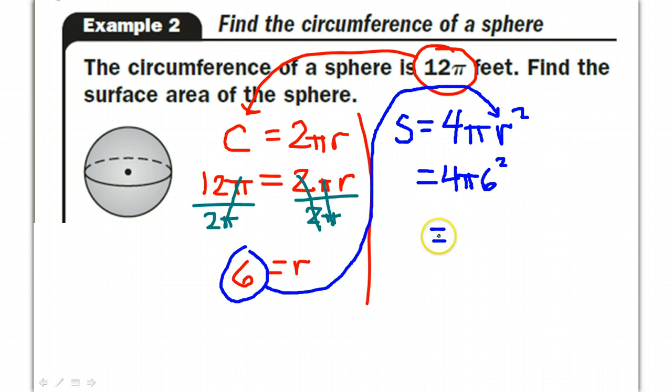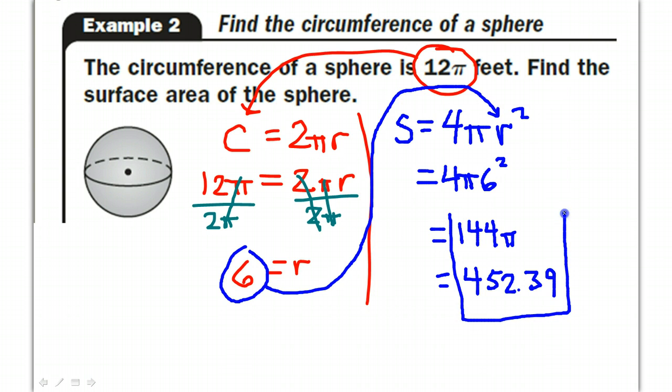So that's going to be 144 pi, which is 452.39. Okay, any questions on example 2?